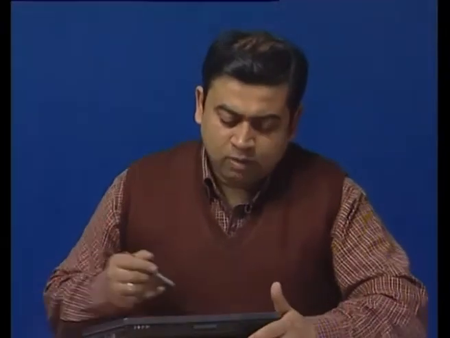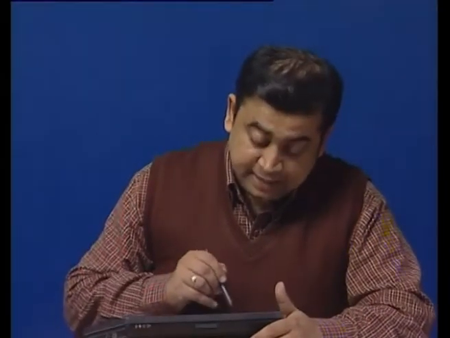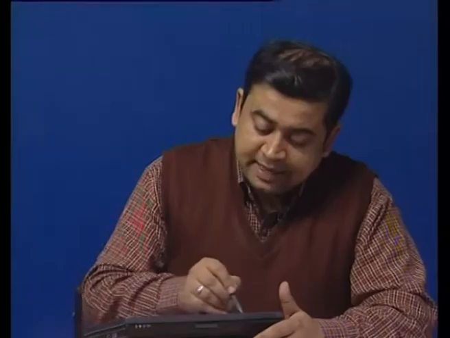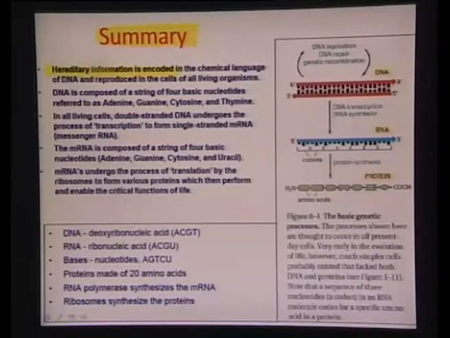Let us look into another kind of summary of the whole transcription translation process. In summary, the hereditary information is encoded in the chemical language of DNA, and this is also a basis of reproduction in cells and all living organisms.